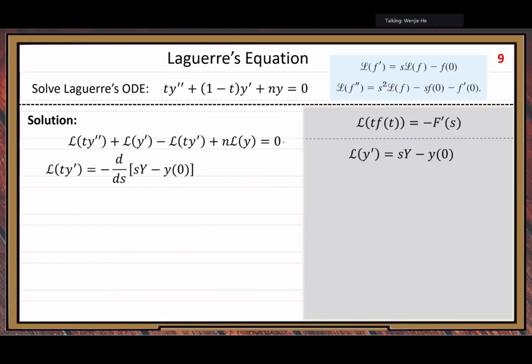That's why we have this. Because capital F is the Laplace transform of little f, which is y prime, so the Laplace transform of y prime is the function inside.